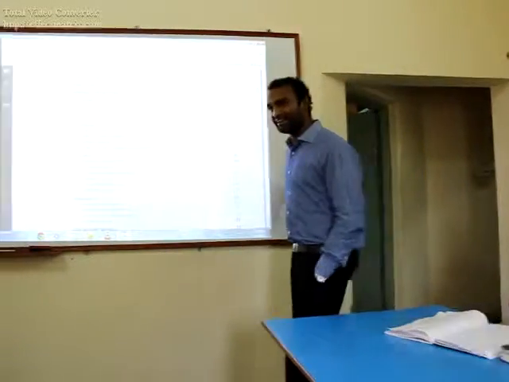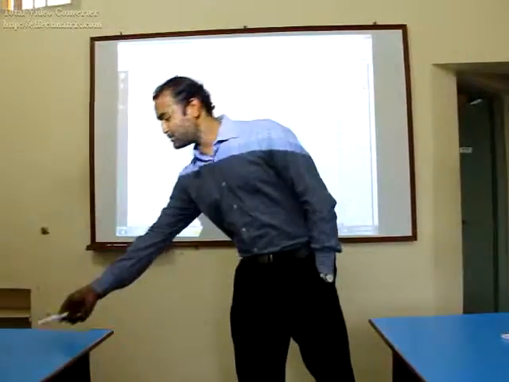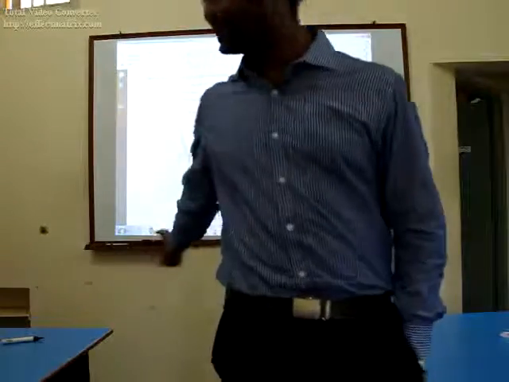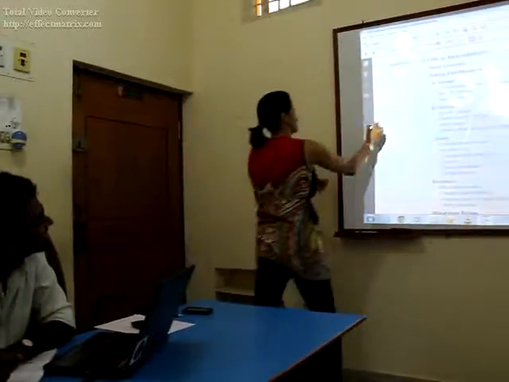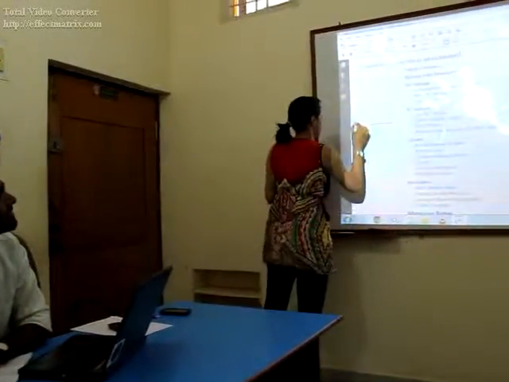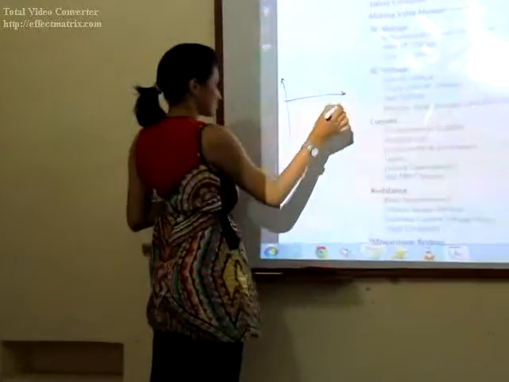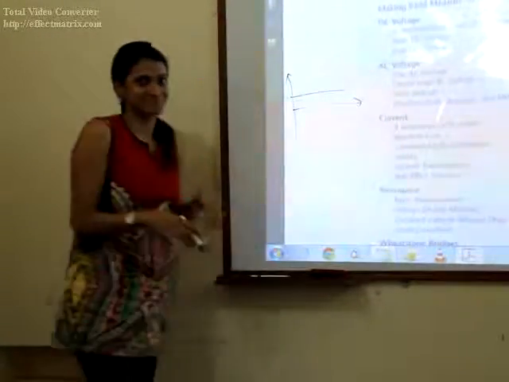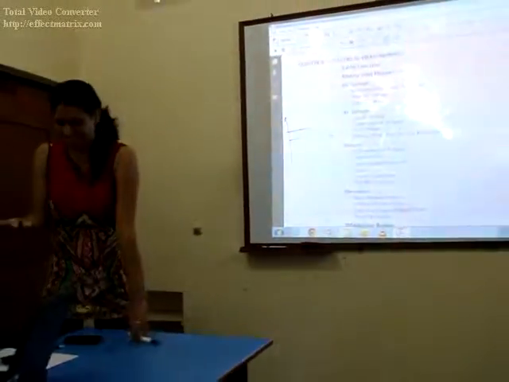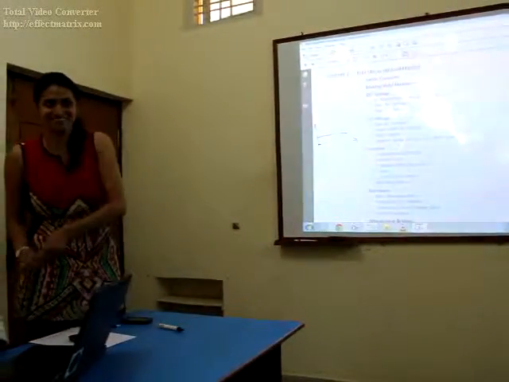DC is direct current. How do you represent DC? Can anyone represent DC over there? Is this DC?